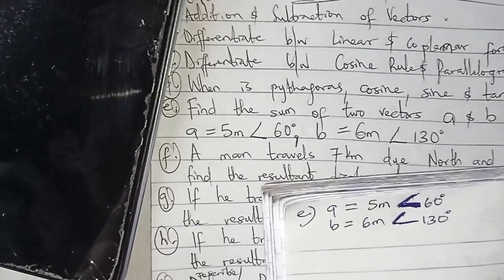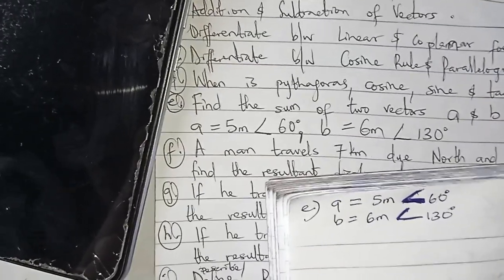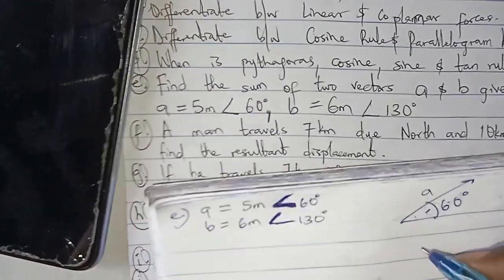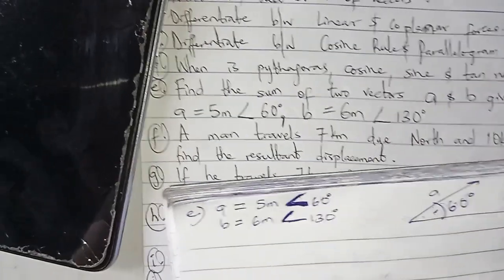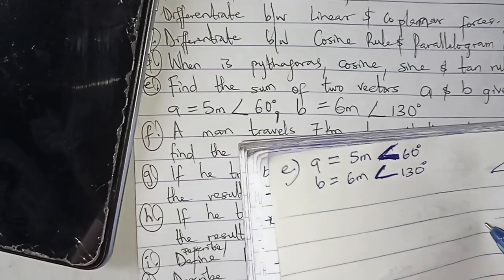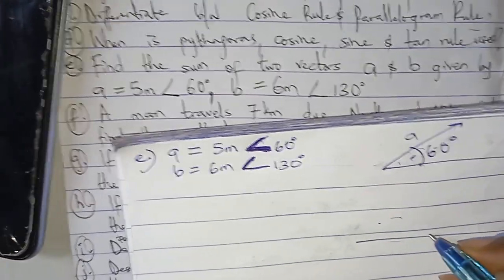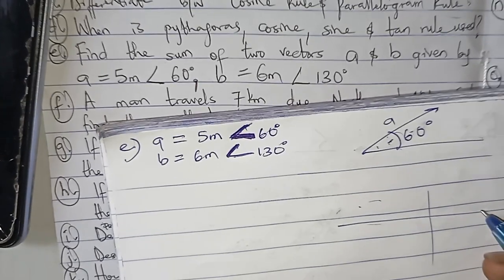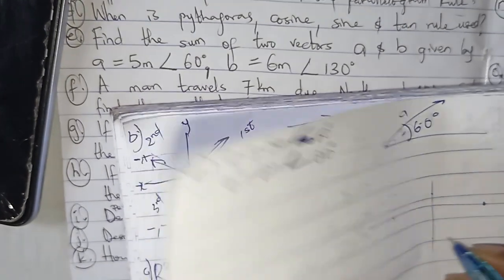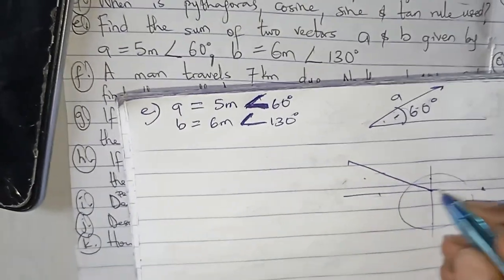Let's say this is my A. Now to find B, I draw a line, then 60 degrees. I know that the first quadrant, I always start here, 90. From here to here, 90, 180, 270, 360. I always go like this. So my 130 should be somewhere here.